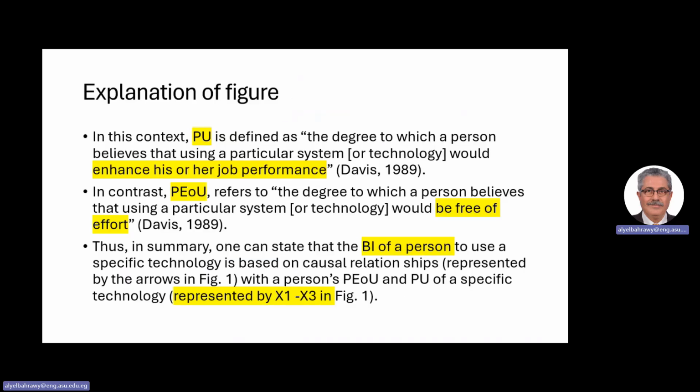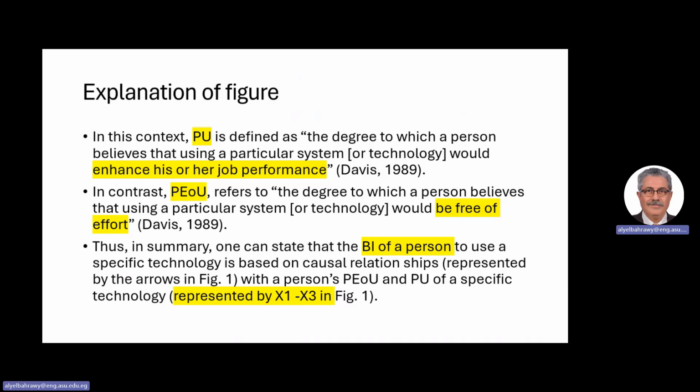In this context, PU is defined as the degree to which a person believes that using a particular system or technology would enhance his or her job performance. In contrast, PE of U refers to the degree to which a person believes that using a particular system would be free of effort.